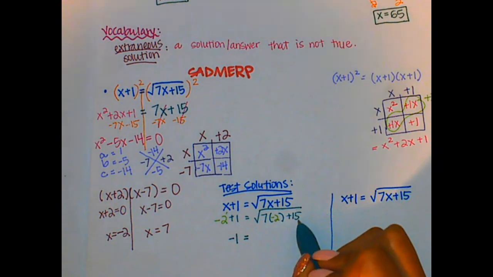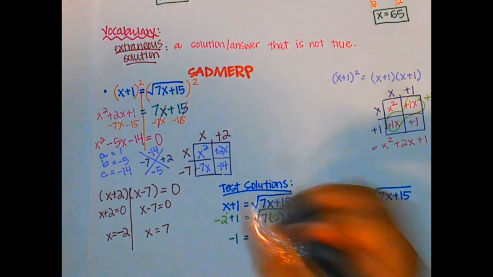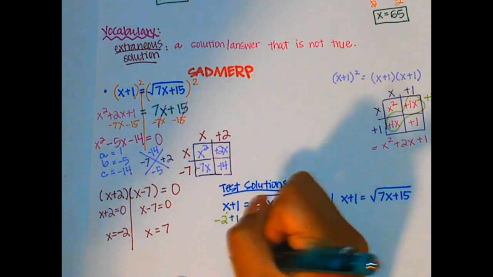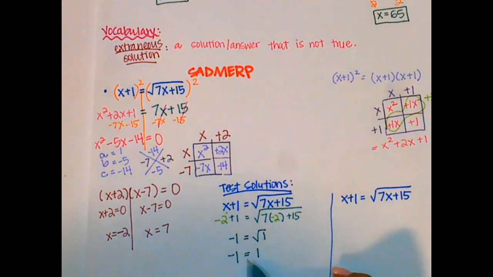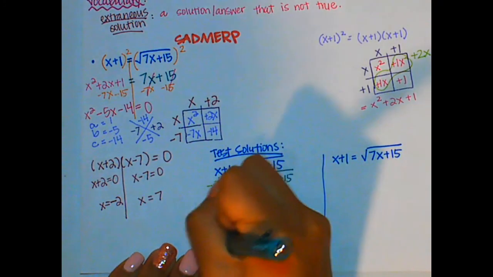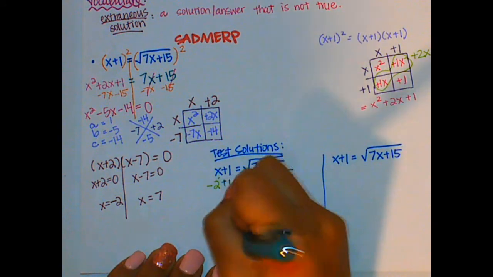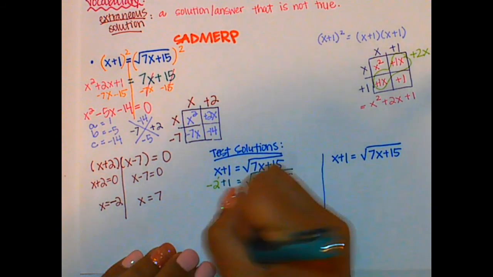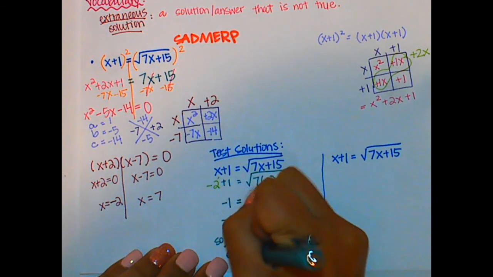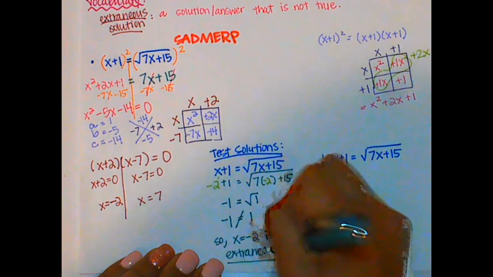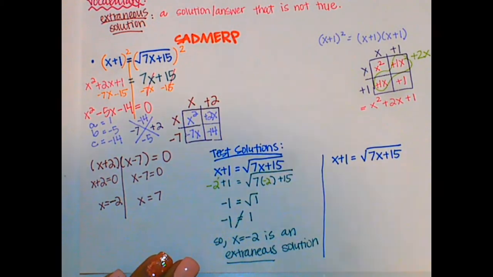Negative 14 plus 15 is the square root of 1. The square root of 1 is equal to 1. Does negative 1 equal 1? No. Therefore, x is equal to negative 2 is an extraneous solution, meaning it's not true because this statement right here is not true.